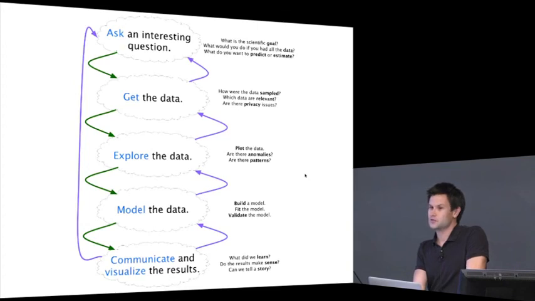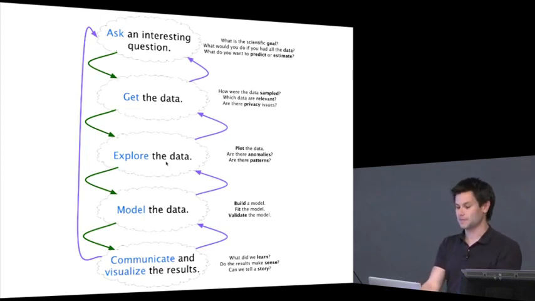And then you're exploring the data, trying to understand what are the main patterns, what are anomalies, outliers, by plotting and visualizing it. In the next step, you could build a model, fit the model, validate the model, and when you have found something interesting and confirmed it, then it's time to communicate the results.